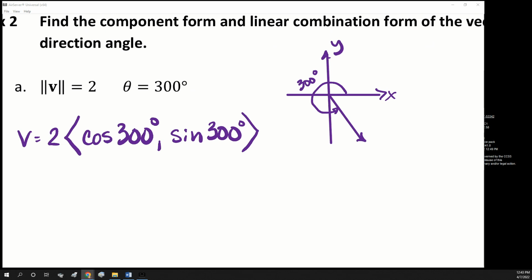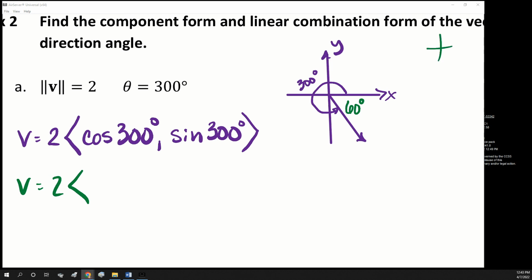All right, so we do not have a finger for 300 degrees. Which finger are we going to use? 60. So the reference angle is this one. So if all the way around is 360, that has to be 60. So we use the 60-degree finger. Is cosine going to be positive or negative for 300 degrees?